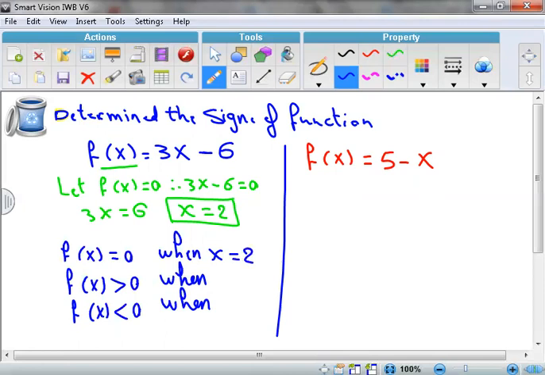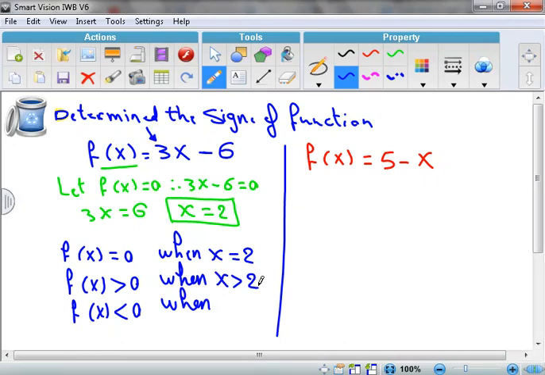Attention now. I will go to the function. Where is the function? This is the function. I look at the coefficient of x. Positive or negative? Then we say f of x is greater than 0 when x is greater than 2.